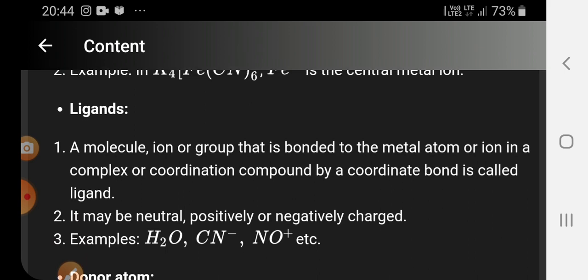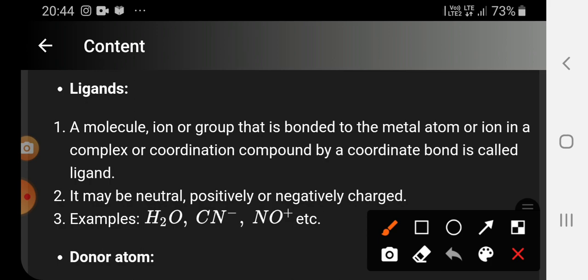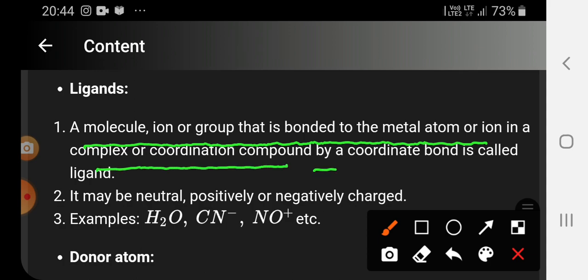Now move on to another very important topic, that is ligand. What are ligands? A molecule, ion or group that is bonded to the metal atom or ion in a complex or coordination compound by a coordinate bond is called a ligand. A ligand may be neutral, not having any charge on it, or may be positively or negatively charged.